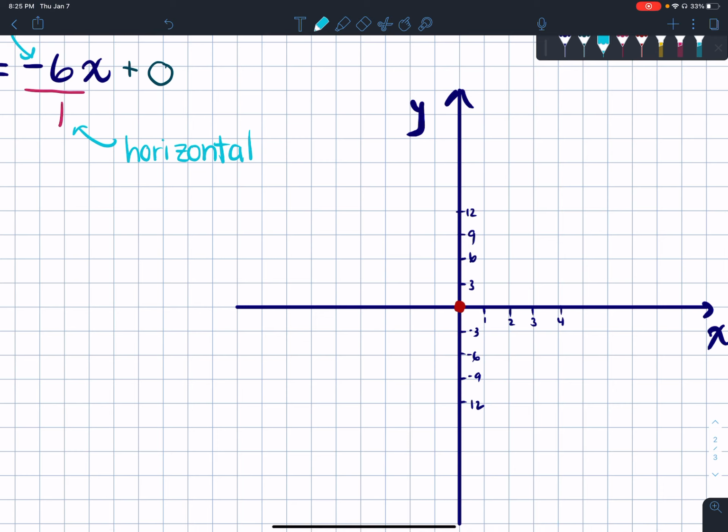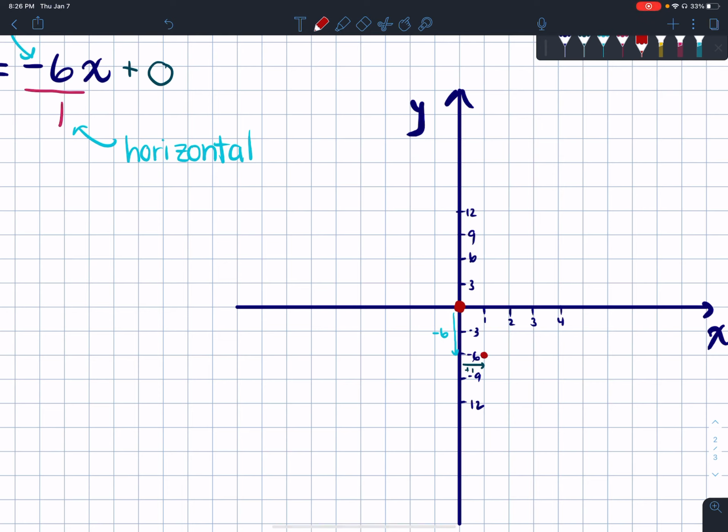So I'm going to use the same walk across method. From this initial value point that we have, we're at 0, 0, since that's where we start. We're going down by 6 and across by 1. So down by 6 and across by 1.